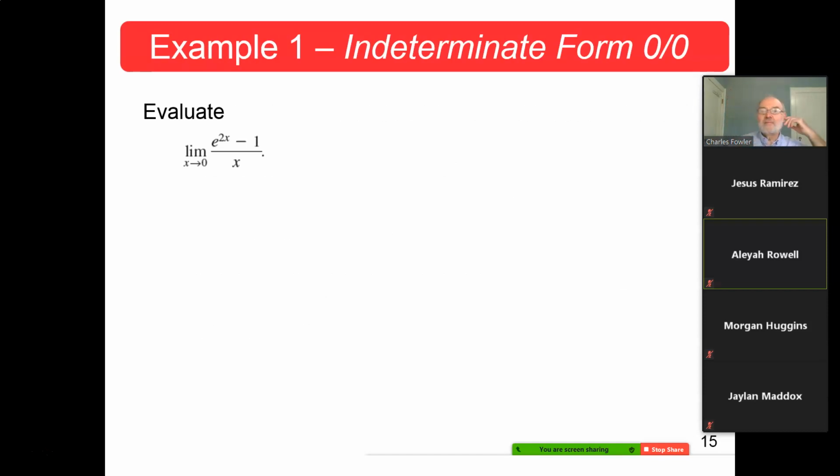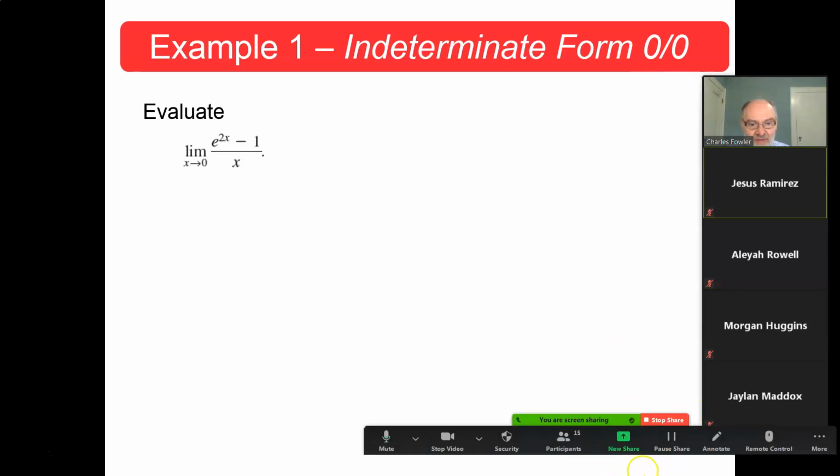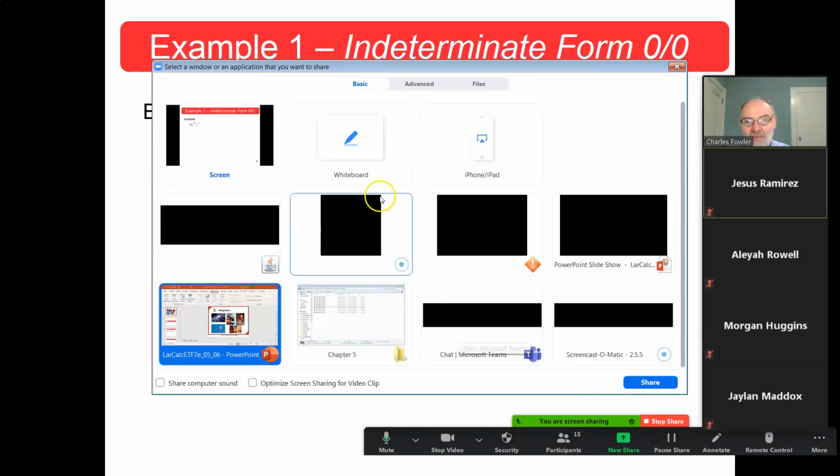So, what does L'Hopital's rule say we can do? Take the derivative of the numerator. Do y'all want to see this on the whiteboard first? Yay or nay? Yes, okay. So let's go to the whiteboard.